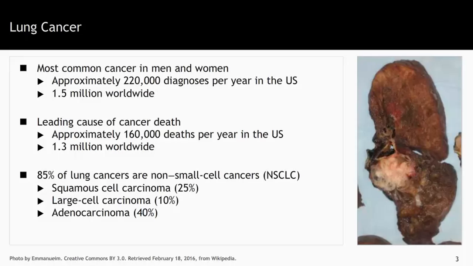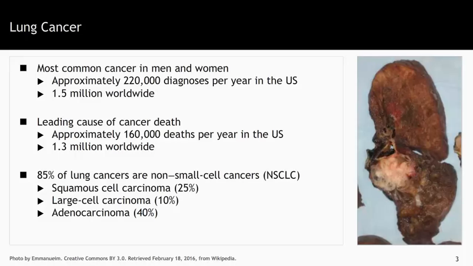and 1.3 million worldwide. We do a very poor job of being able to cure lung cancer because by the time it's diagnosed, it is too far advanced to be treated locally for cure with surgery or radiation. It is a lethal disease. There are many subtypes of lung cancer, but 85% of them are called non-small cell lung cancers, or NSCLC.